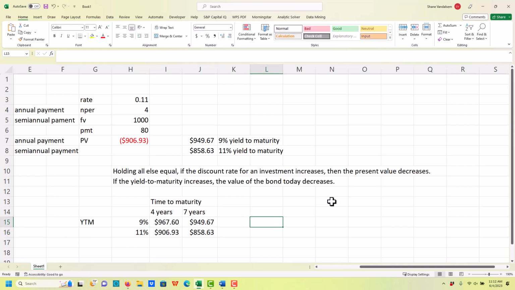So what's the difference? So for a change in the time to maturity, let me change that a little bit. There we go. So when there's 7 years to maturity, the value of that bond is 949.67.